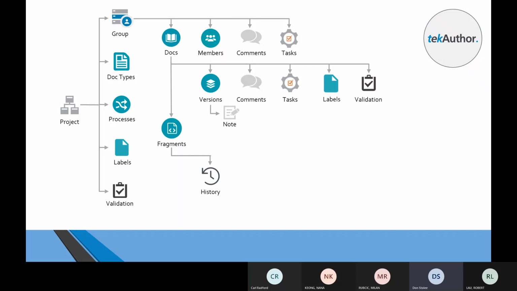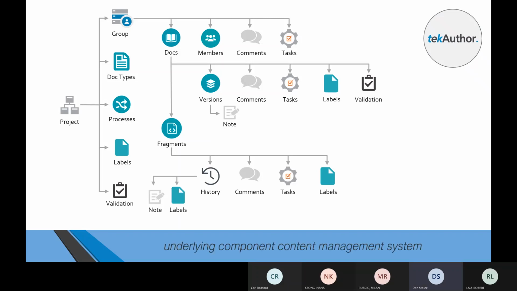If you look at maybe PDF, you've got tracking on the whole document, and it's kind of hard to go in and find out linearly where those updates or whatever took place. When everything's on the fragment, you can track and trace everything a lot more at a granular level. Fragments can also have comments and tasks in them, and then the labels and the edit notes on the history with labels.